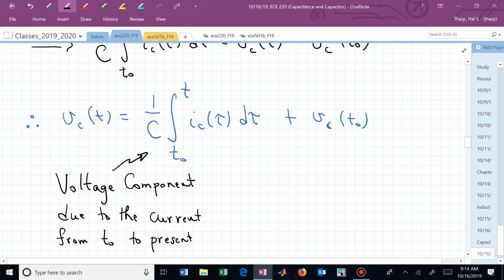And what's happened up to time t0 is what's established the initial voltage, the initial condition on that capacitor's voltage. So this second term, V sub C of t sub 0, is our initial condition term.